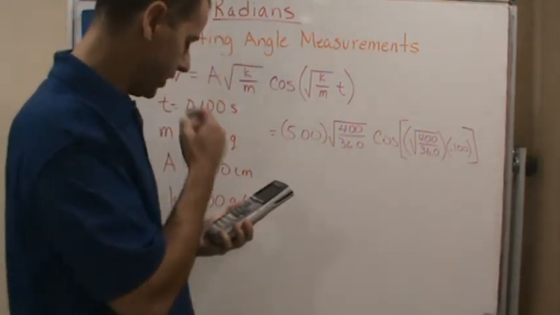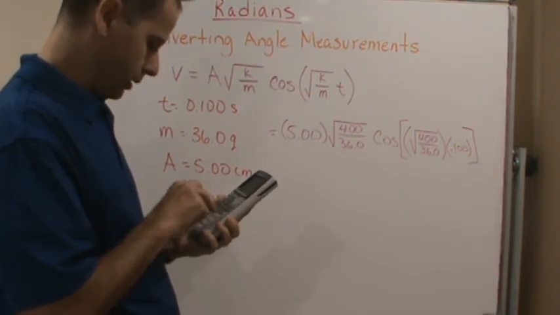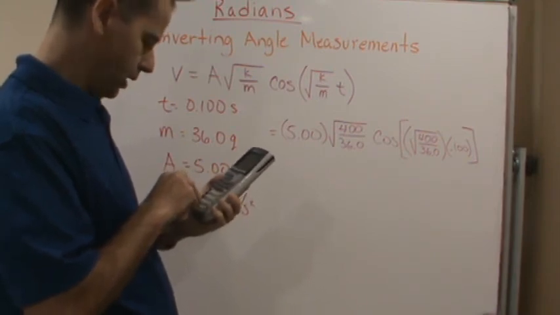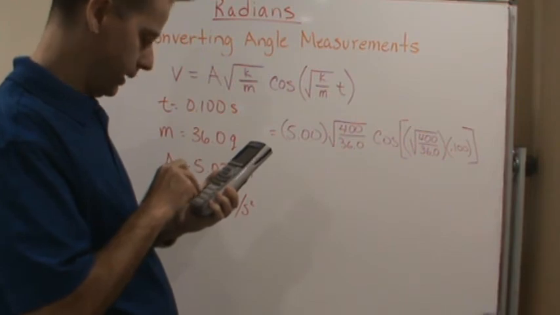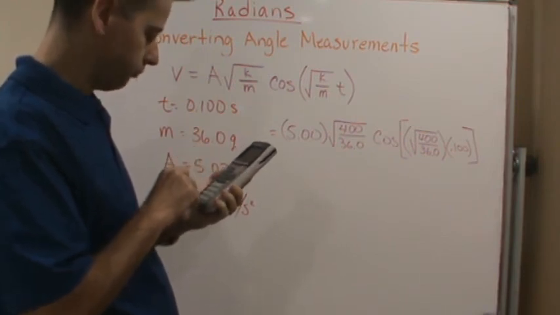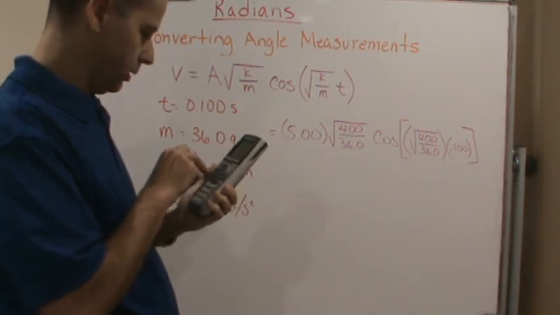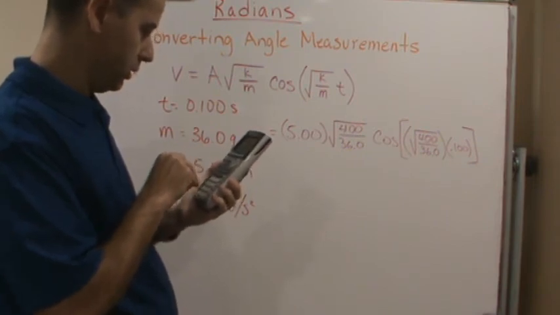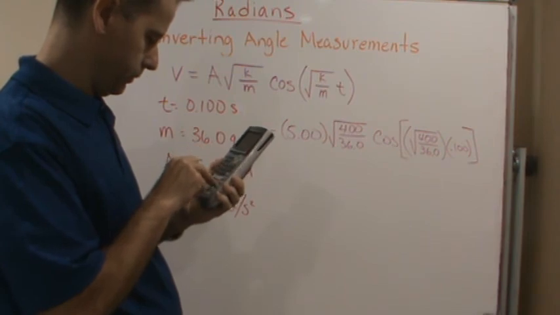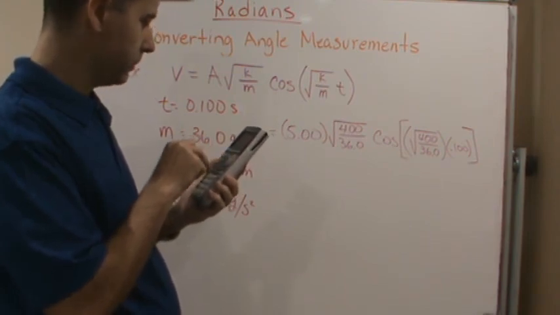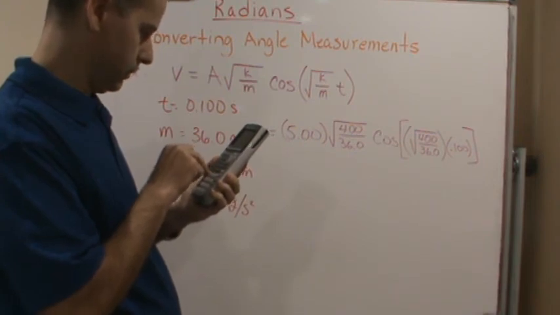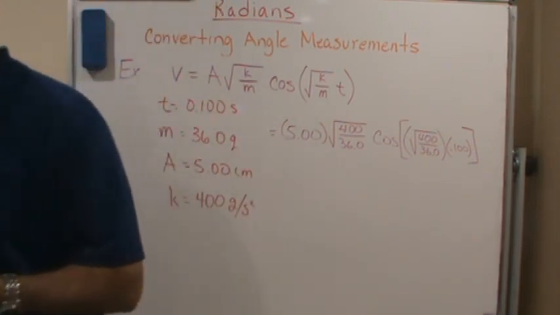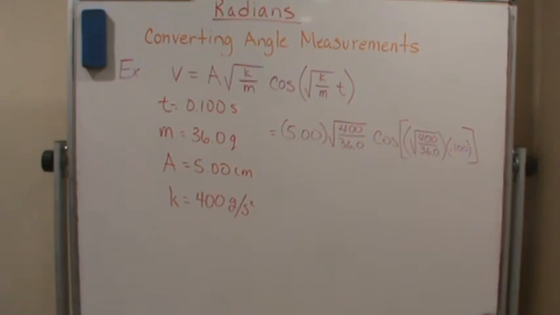Now, let's plug and check. So 5 times the square root of 400 divided by 36 times cosine of the angle, and so we get 15.75, rounded to the hundredths place.